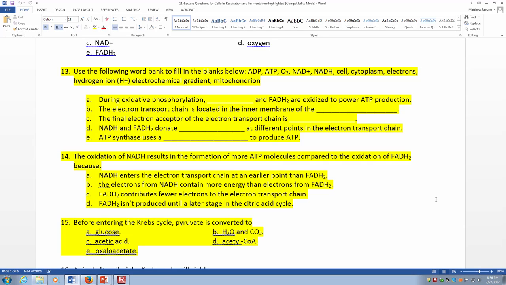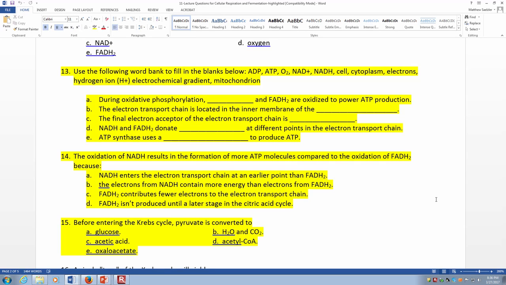C, the final electron acceptor of the electron transport chain is oxygen. NADH and FADH2 donate what at different points in the electron transport chain? Right, electrons. And then ATP synthase uses a blank to produce ATP. An electrochemical gradient. Right, the hydrogen ion electrochemical gradient.